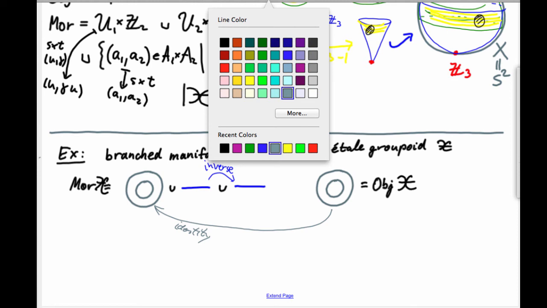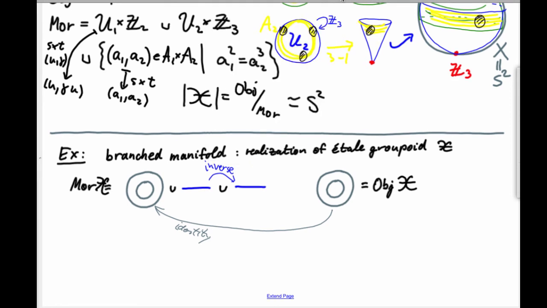I'm going to take an interval, and then I'm going to need the inverses of that interval, and I'm going to need to tell you what its source and target are. So I'm going to take that interval on both circles and just make a choice of one being the source and the other being the target.